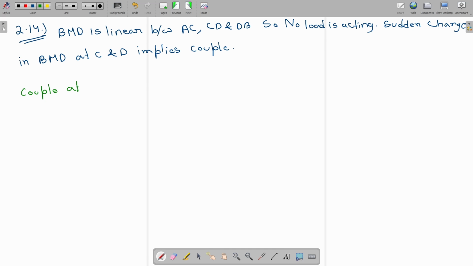Couple at C is equal to change in bending moment at C, which is 0 minus of minus M, is equal to M, anticlockwise.